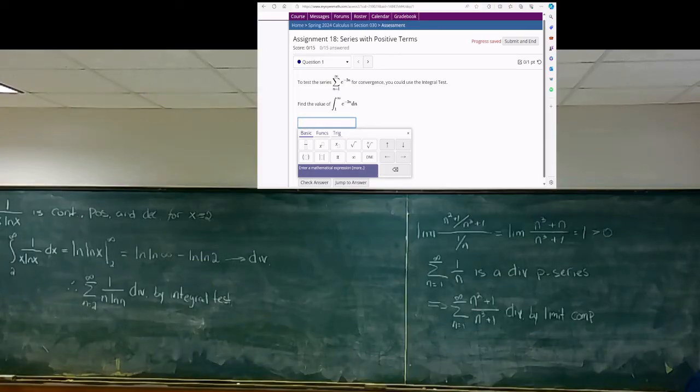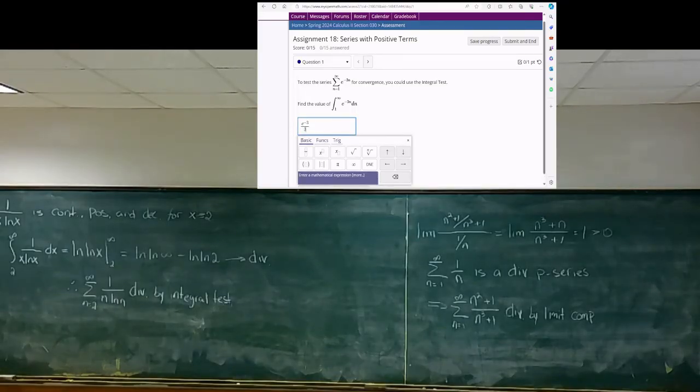Shouldn't take that long. Should be e to the negative 3 over 3. It should be. It is. I verified it.